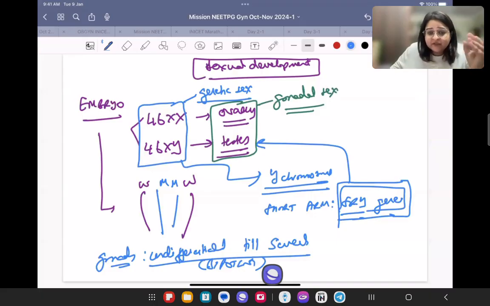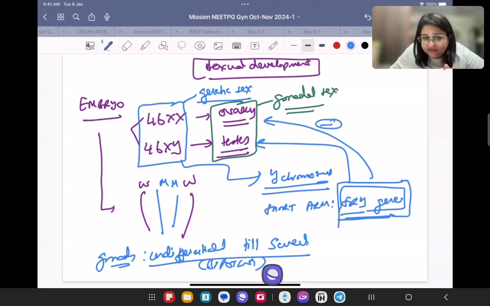It will look the same. So gonads remain undifferentiated. At 5 weeks of gestation, if the SRY gene is present, that gonad is going to become the testes. If the SRY gene is absent, it's going to form the ovary. So this is the first thing that happens.